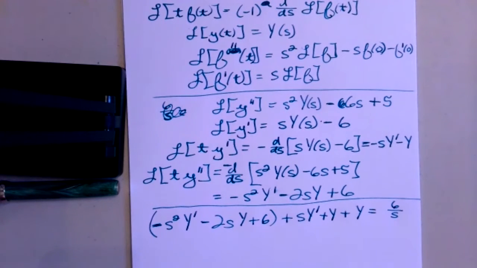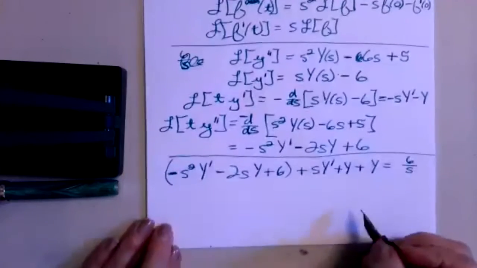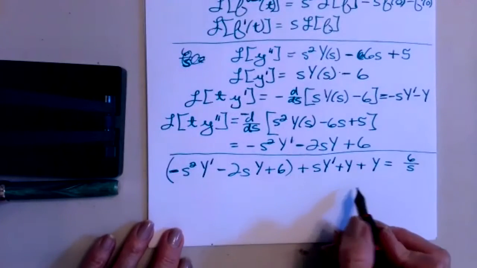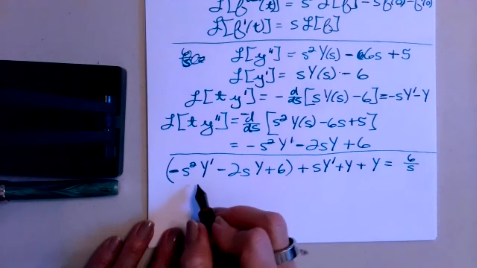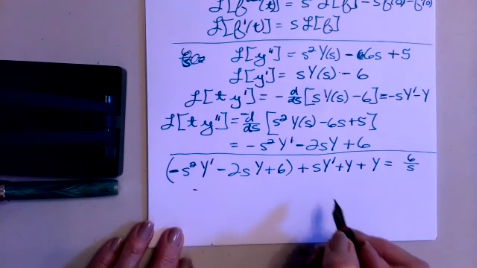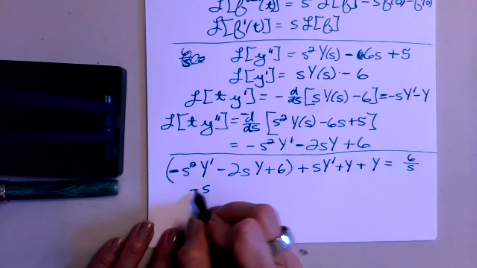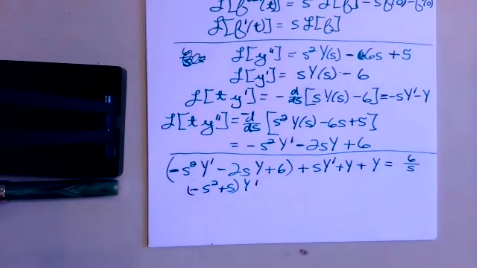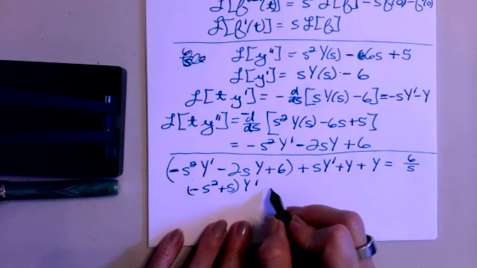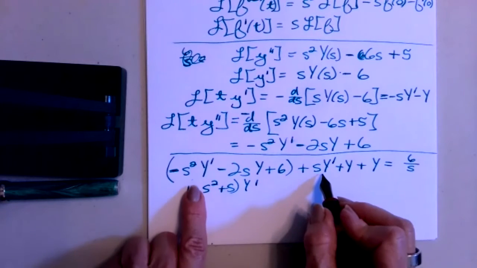Yes, okay. So now let's gather up our terms with the derivatives and the Y's and see what we have. I have a minus s squared plus s times Y prime, so that's these two terms.